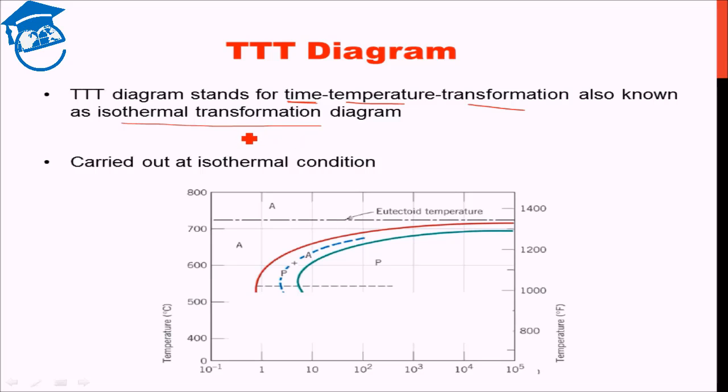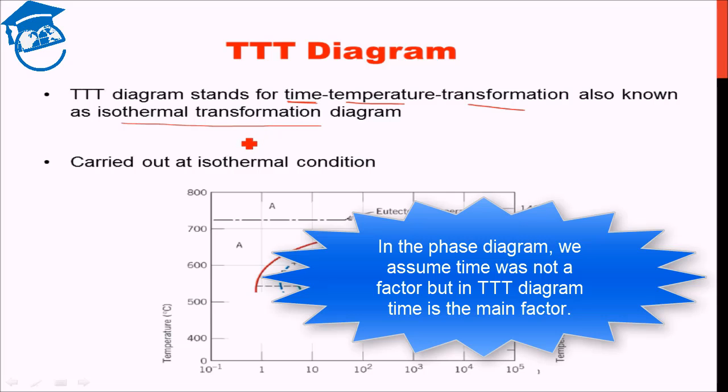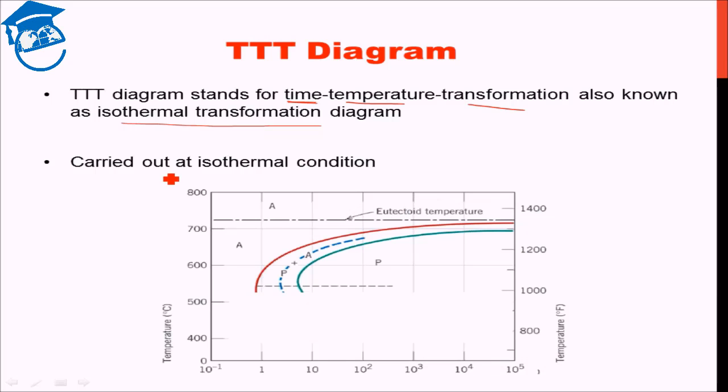We provide the amount of time that the material is maintained at one temperature. In phase diagrams we assume that time was not a factor, that at any moment equilibrium is established. Okay, so with this background, let us see what exactly the TTT diagram is.